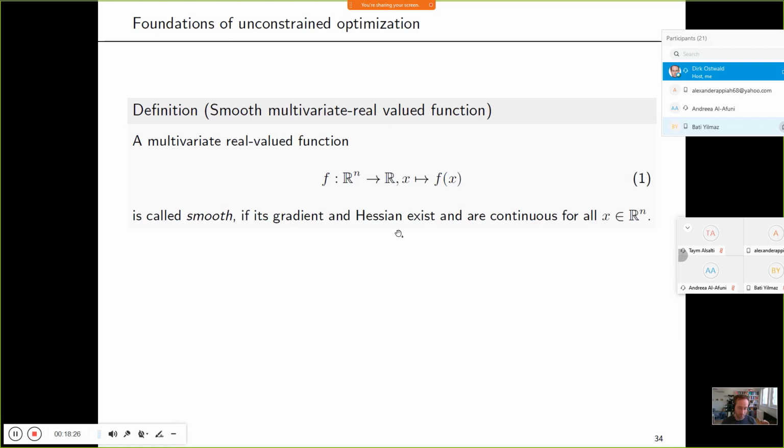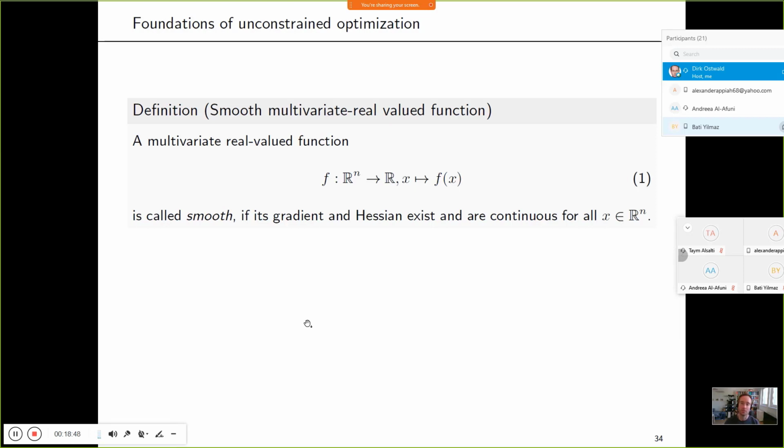We will, of course, see specific examples of these error functions later on. Now forget that we are currently thinking about error functions. Just think of a multivariate real-valued function mapping vectors x to a real value f(x).